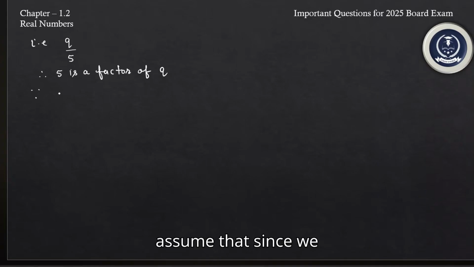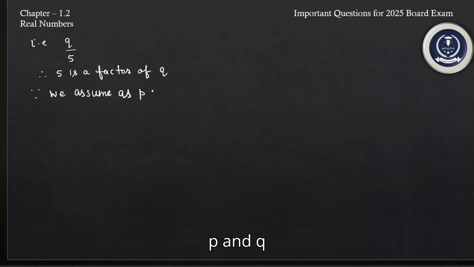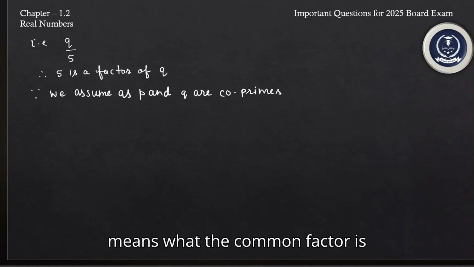Since we assumed that p and q are co-primes. Co-primes means the common factor is 1.